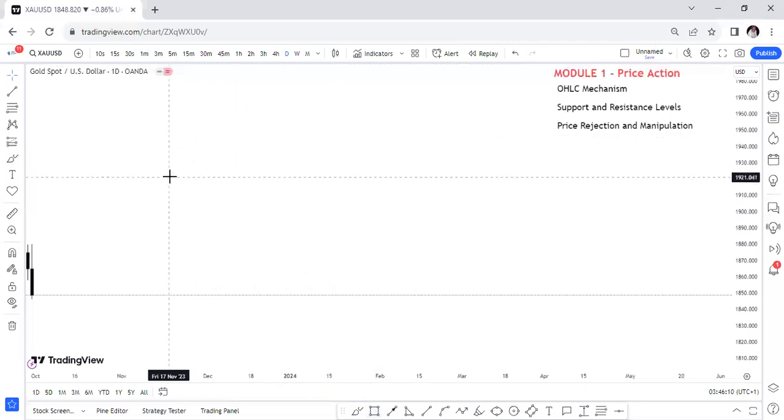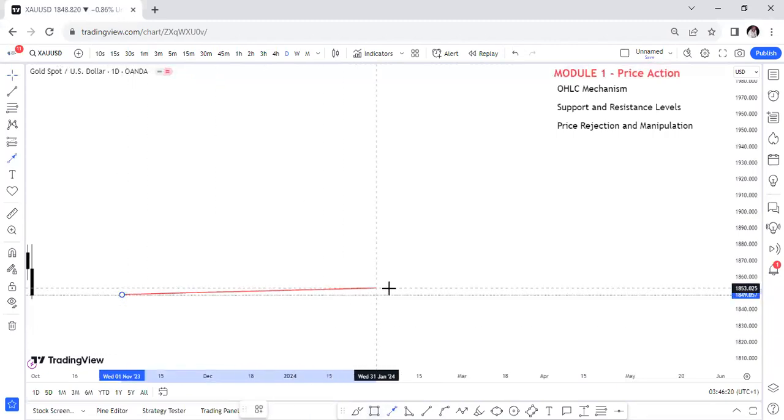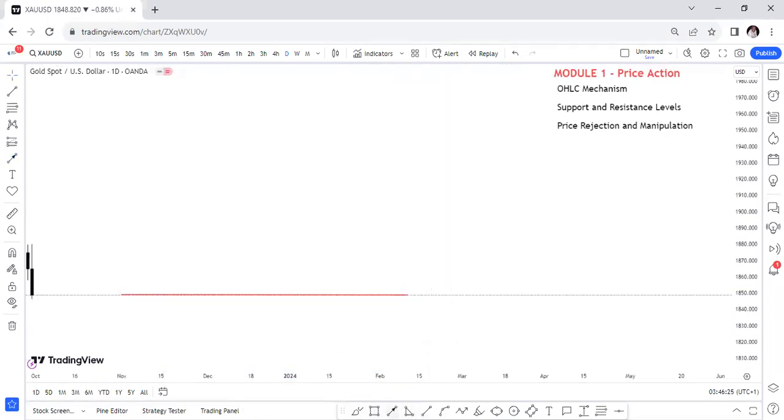Price action is simply the movement of supply and demand along the price time chart. In layman's language, the movement of supply and demand along the price chart.